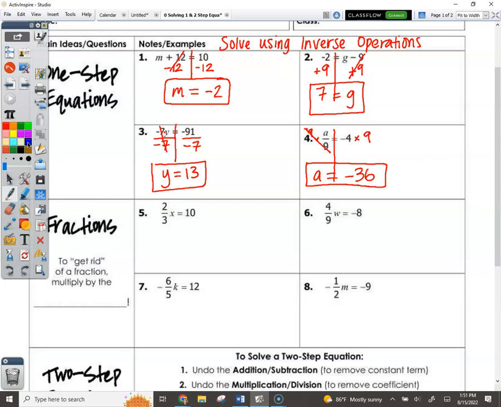To get rid of a fraction, see right here in the notes, you're going to multiply by the reciprocal. The reciprocal is the flipped fraction. Reciprocal is the fancy word for flip the fraction.